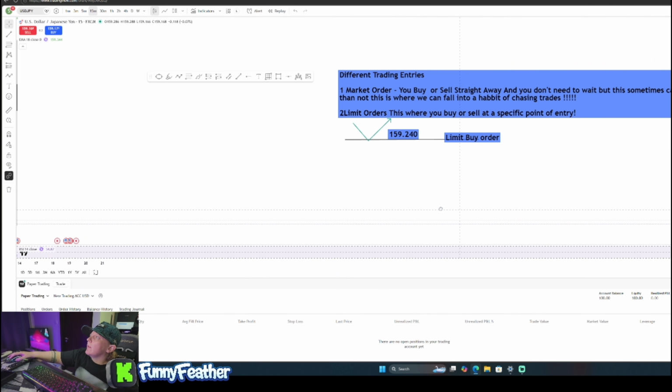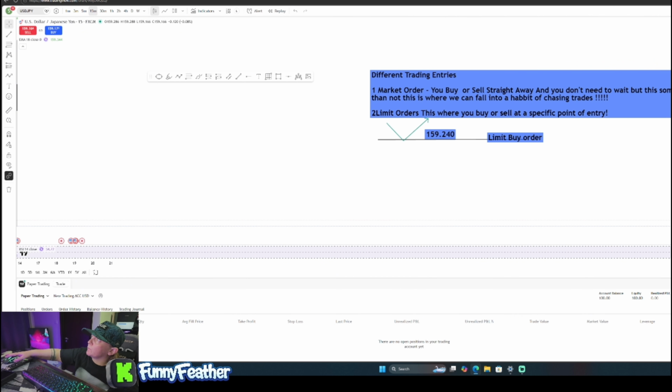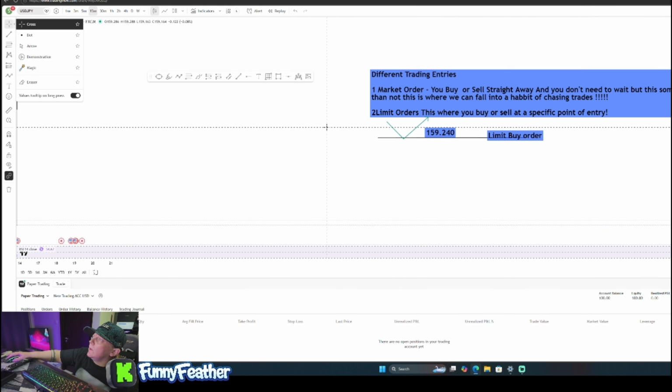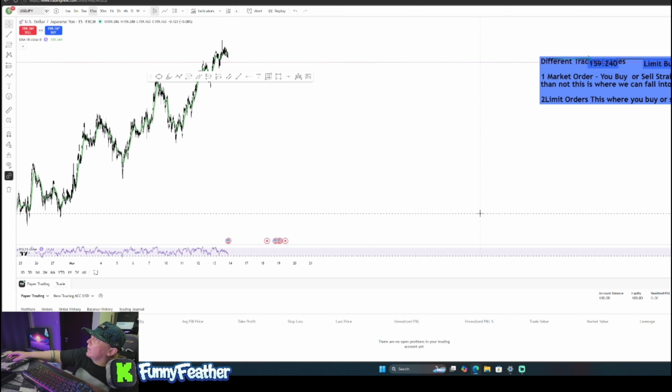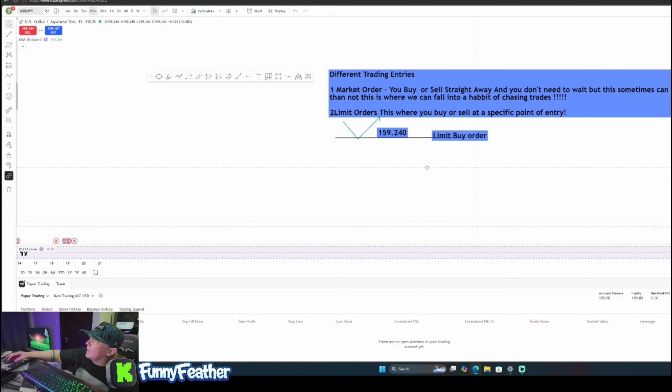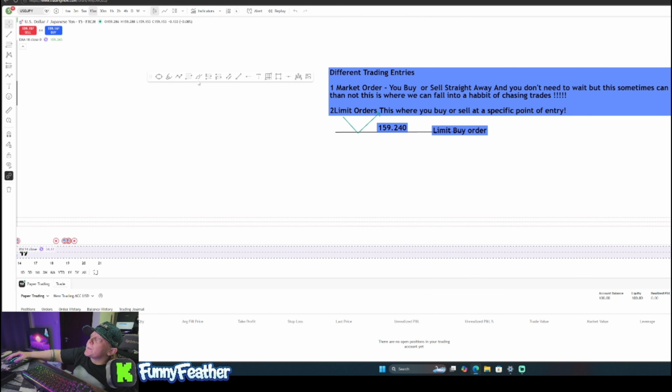Okay, now for example, we have also limit sell areas, but it's just in the opposite direction. So for example, let's take another line.